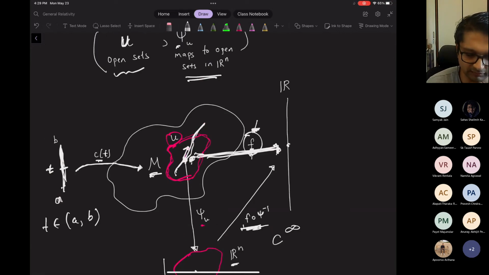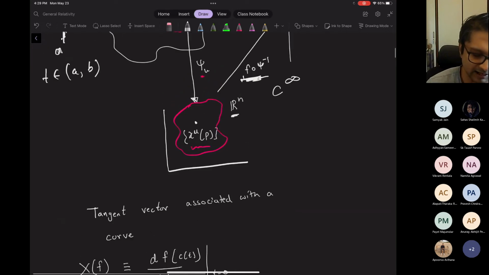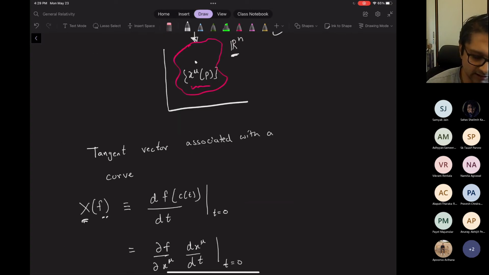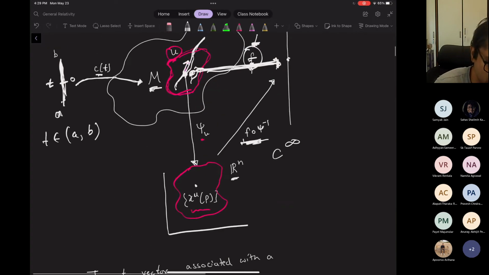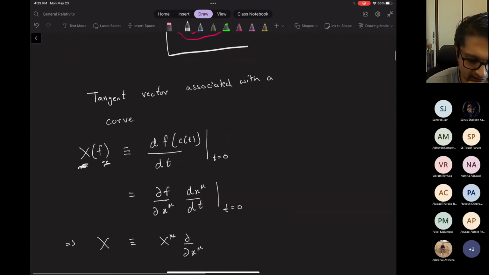Given a function f, we define X acting on f as the rate of change of f, that is df by dt, as I move along the curve. We assume t equal to 0 is the special point where we pass through P, without loss of generality. So X of f was defined as df by dt, evaluated on this curve c of t at t equal to 0.